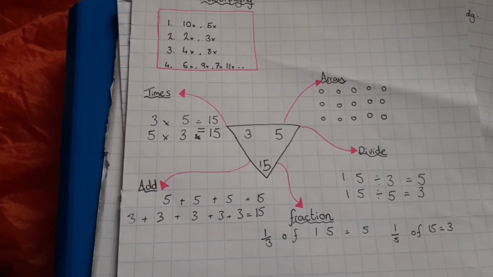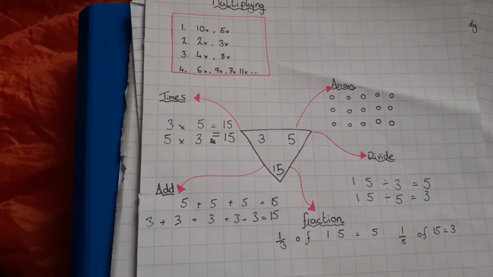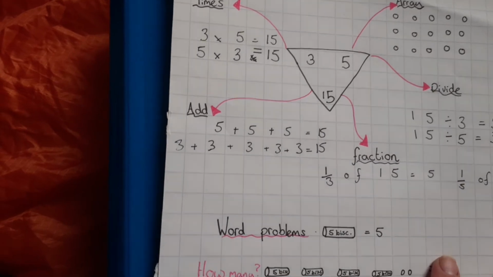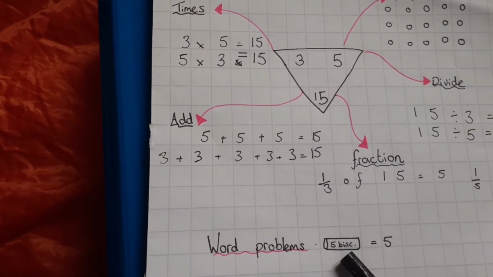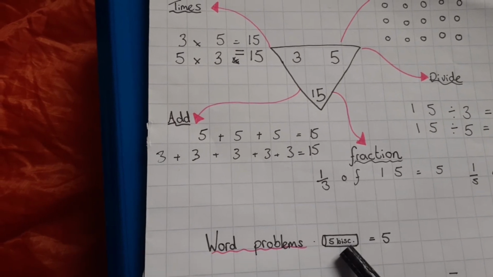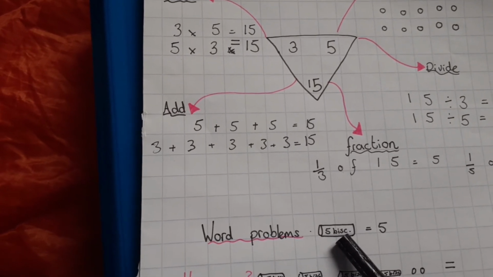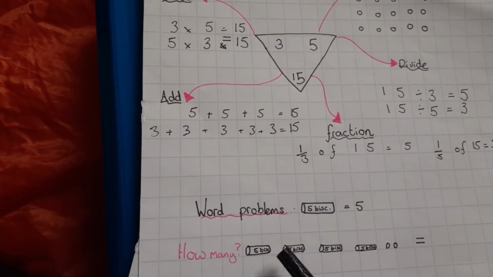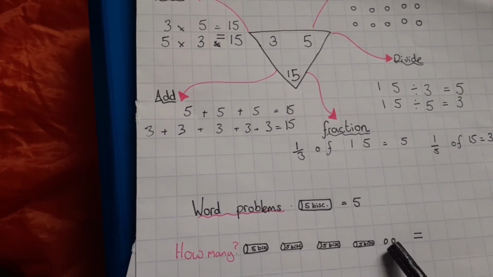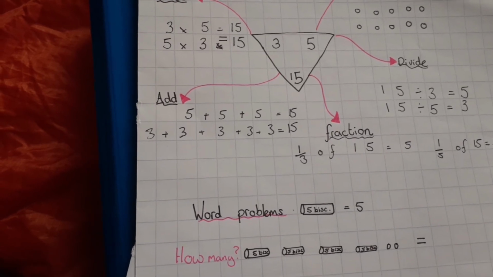And if you are confident with all of them, you'll start being able to do other kinds of problems, like word problems. So, down here, I've got 5 biscuits in a packet, okay? That pack there is 5 biscuits. And here I've got 4 packets and 2 loose biscuits.